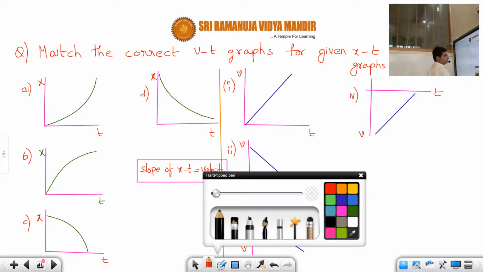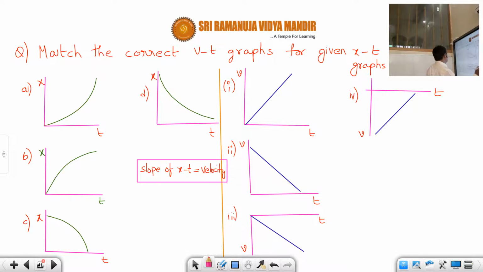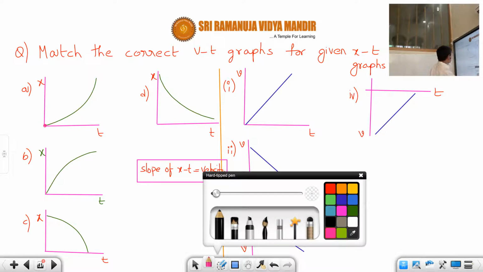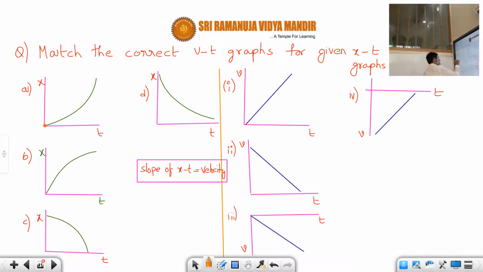Okay, so now in the first one, let us see. Now here the slope, starting from here, as you are going from this origin like this, what is happening, students? The tangent at every point, and the slope of the tangent at every point, first of all, what is the slope sign, students?